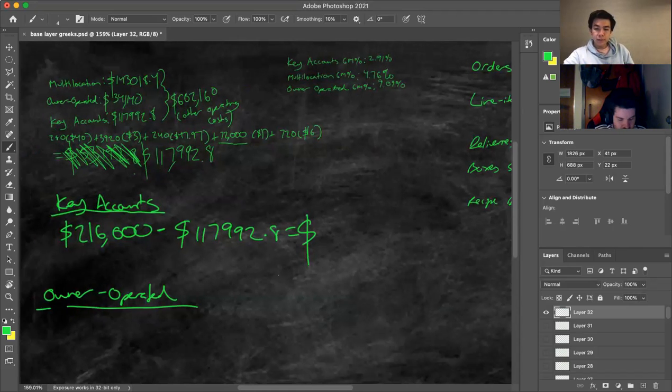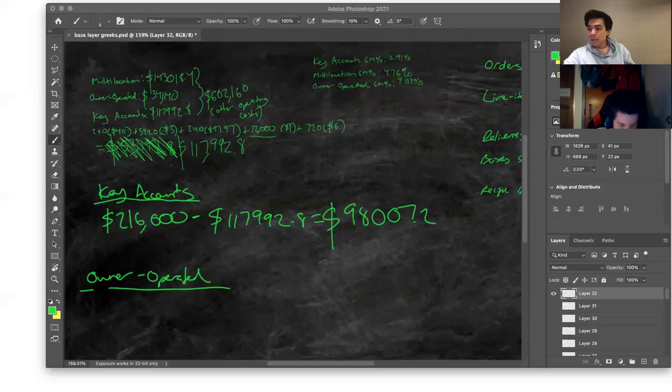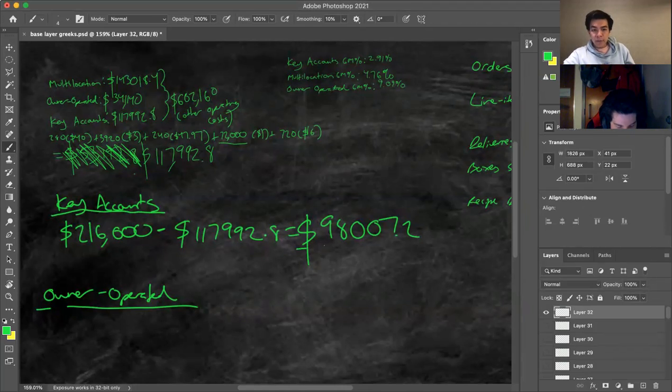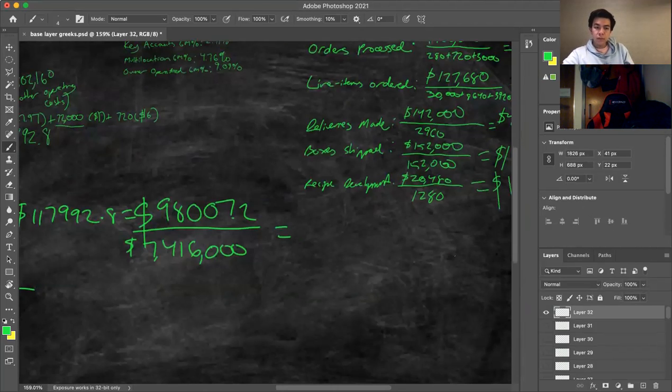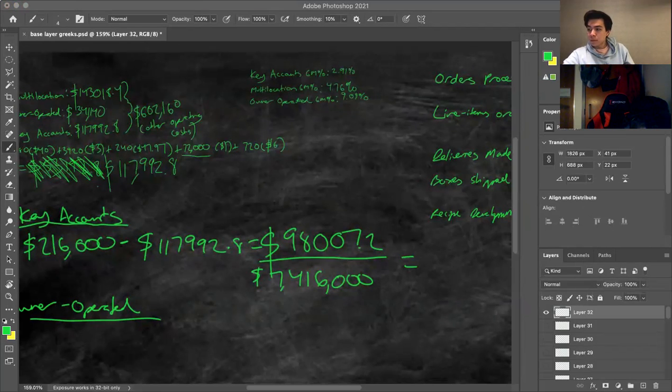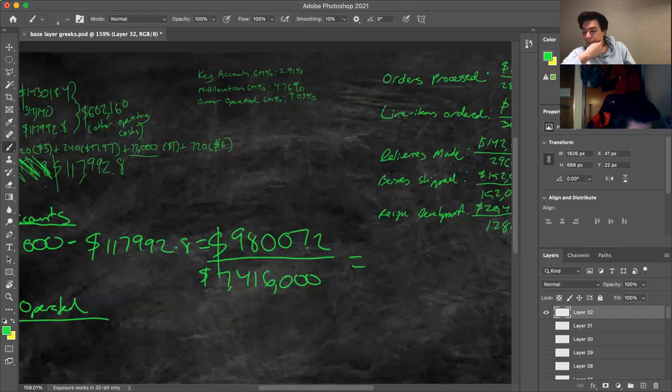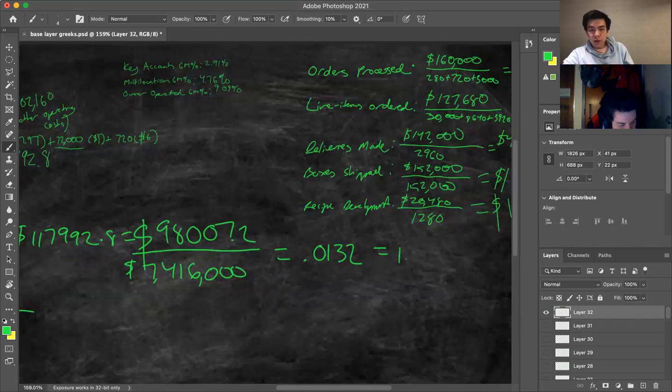What do we get? 98,007.2. Yes. Then we take this number and divide it by the 7.416 million, like what we did last time. 0.0132, and that is 1.32%.